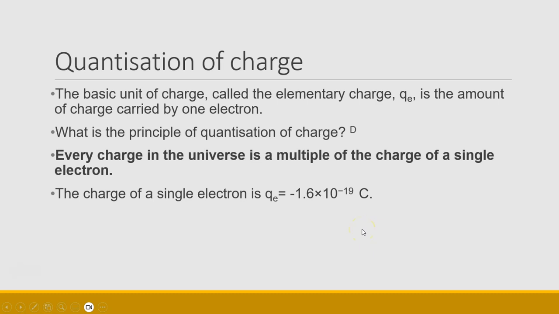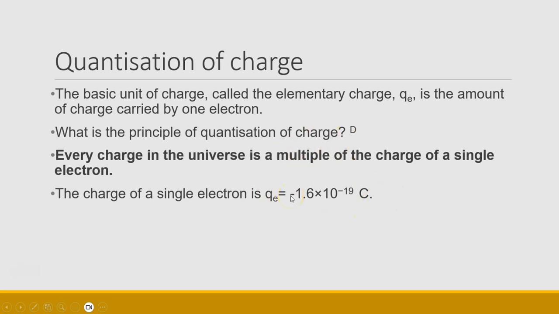And if I now add 10 excess electrons to a sphere, what is the charge on that sphere? Well, it's 10 times this number. Now, because we don't get half an electron or a quarter of an electron, we don't get a fraction of this number.